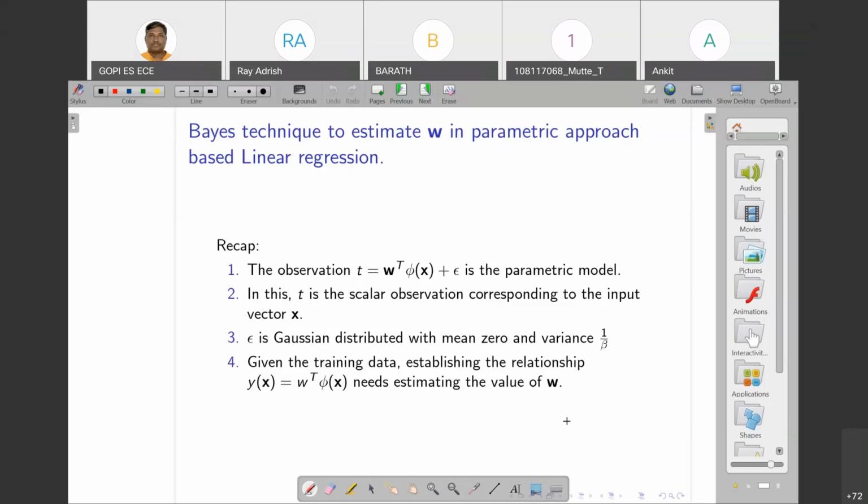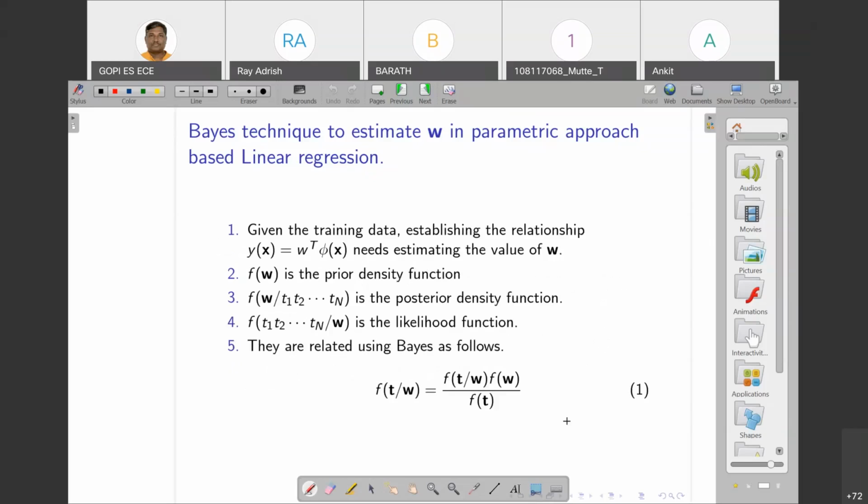So to attack this problem, we are interested in estimating W. So we have to look for the prior density function associated with W. That is, f of W is going to be your prior density function. And then we have the posterior density function, f of W given T. And f of T given W is going to be your likelihood function.